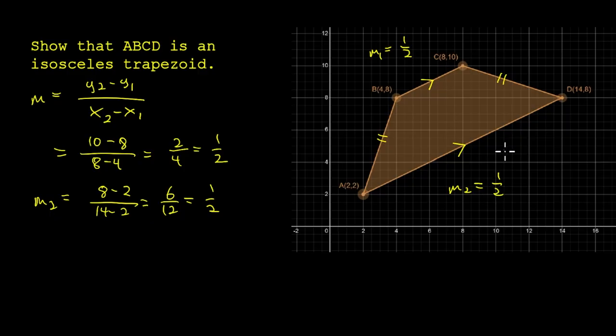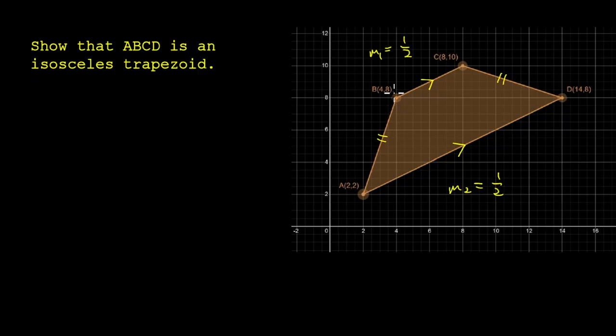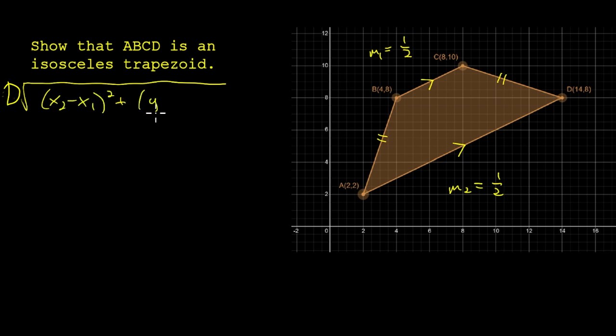So far we know this is a trapezoid. So now we need to show this is an isosceles trapezoid by calculating the distance from A to B and from C to D. Now remember, distance formula, D, is the square root of x2 minus x1 squared plus y2 minus y1 squared.